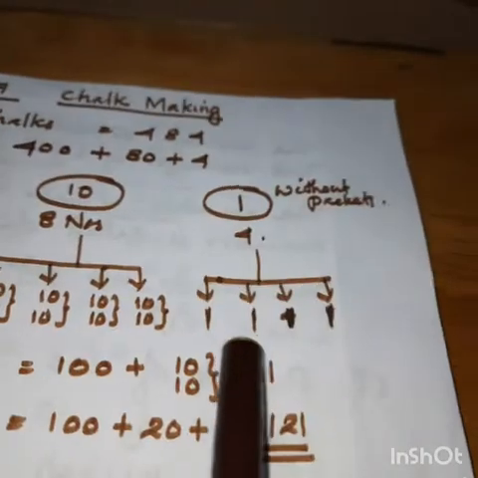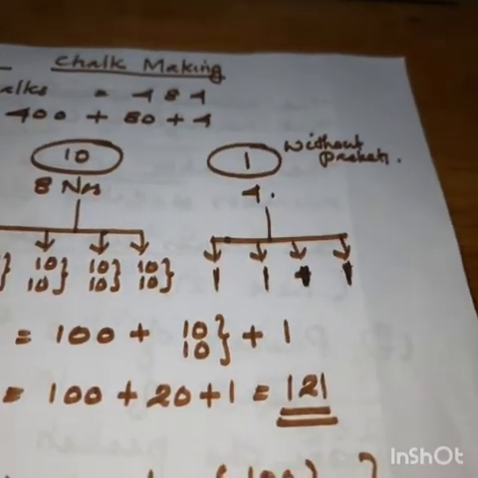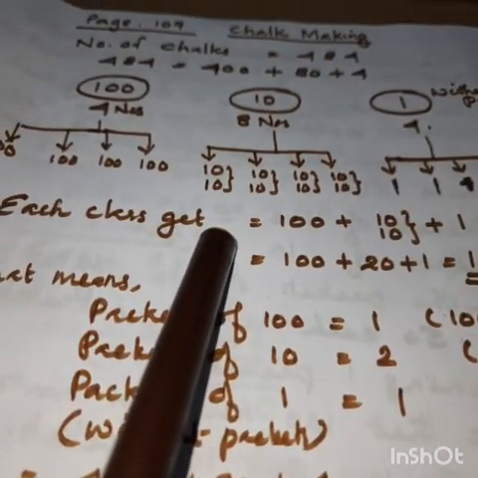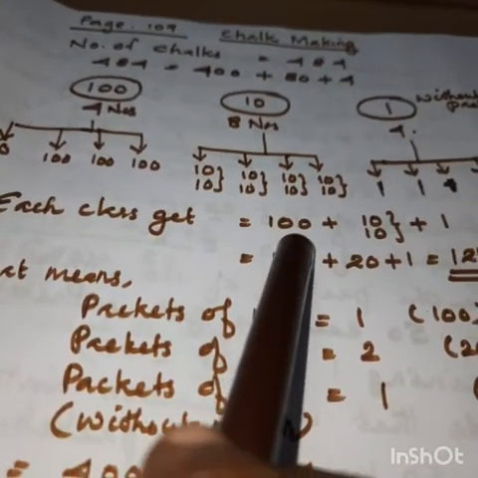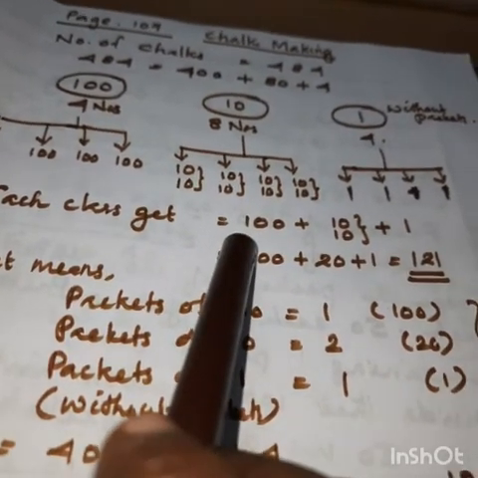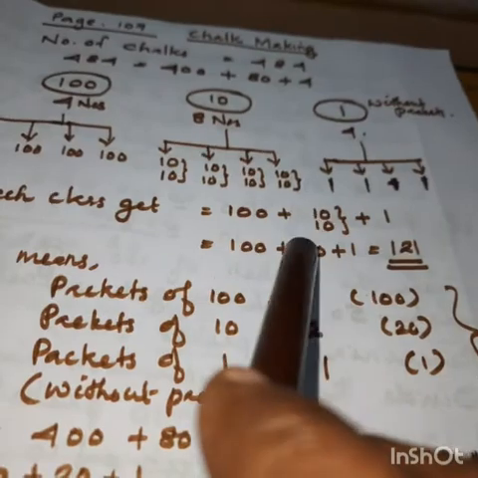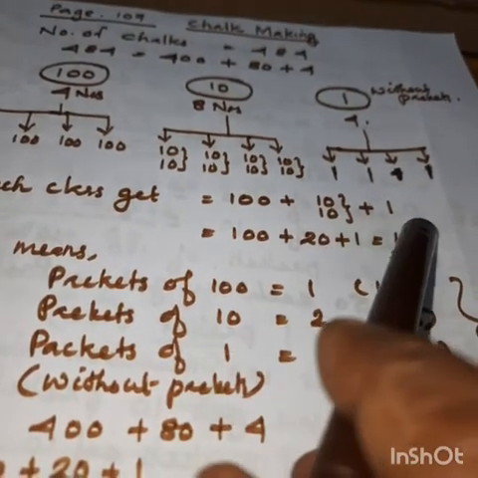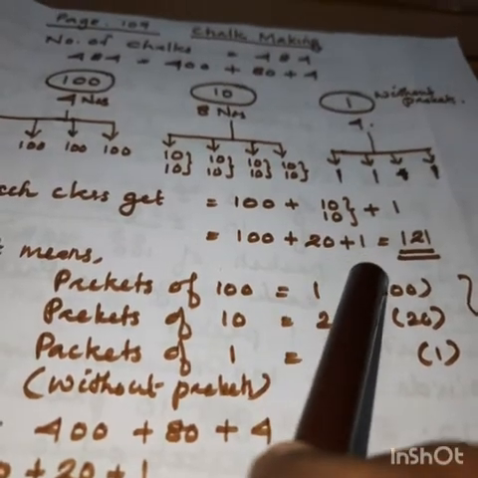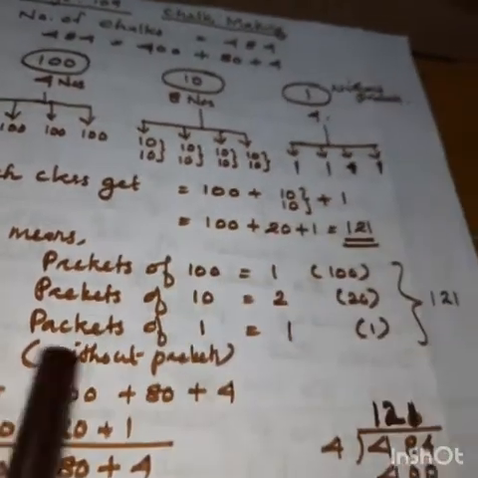And the remaining 4 is distributed 1 for each. Therefore, each class gets 1 packet of 100, 2 packets of 10 and 1 extra. That is 100 plus 20 plus 1, that is 121.